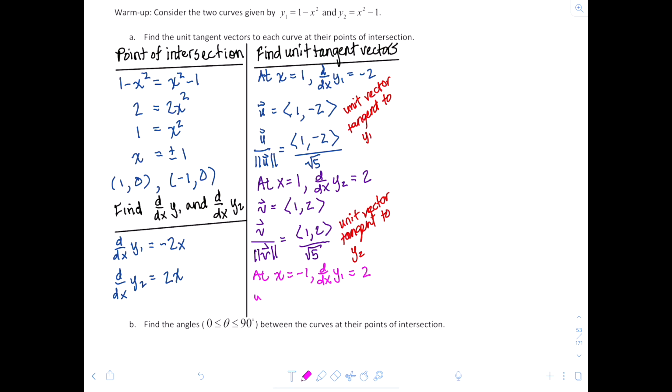So if we let some vector w equal 1, 2, then w over the magnitude of w is equal to 1, 2 over root 5. Cool so far?